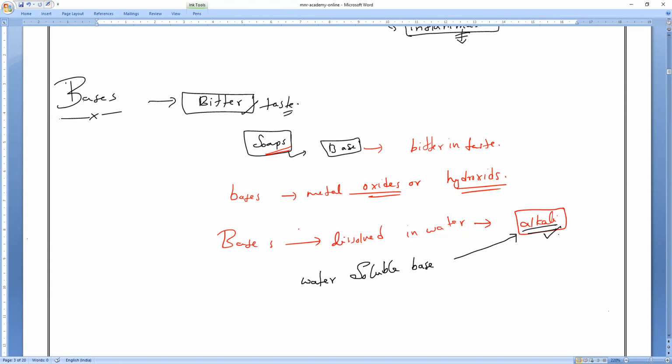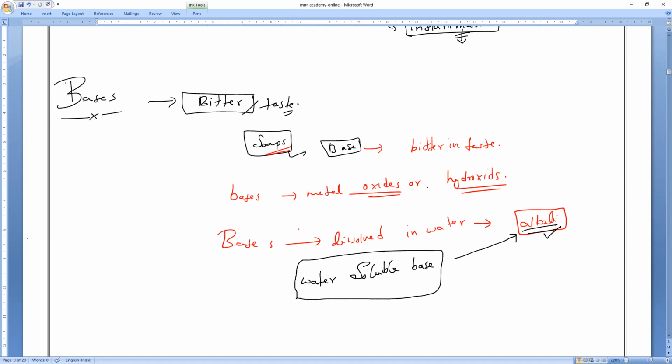Alkali. Understand? In this entire chapter we will use alkalis. So alkalis and bases are practically different, but generally we will use alkali or base as the same. So alkalis are the bases which are soluble in water. Is it okay, guys?